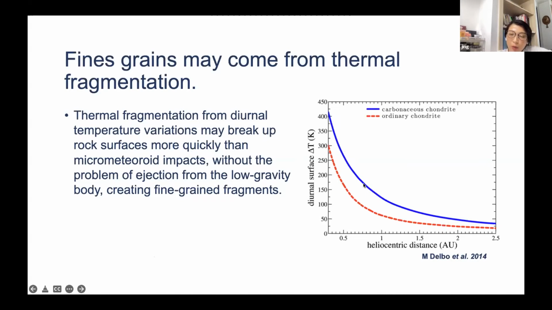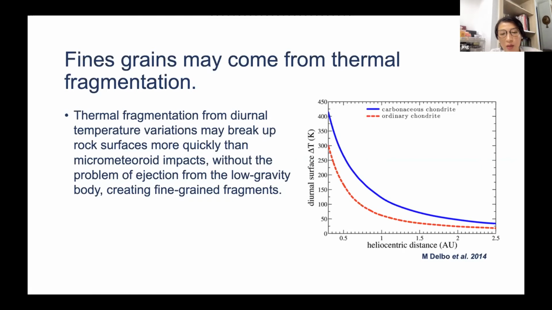They performed laboratory experiments, also numeric modeling, and showed that for the carbonaceous chondrites and ordinary chondrites, their temperature varies a lot, and they also found that temperature variation breaks down the CM meteorites very easily, because there's no shaking and no movement of this fine grain.